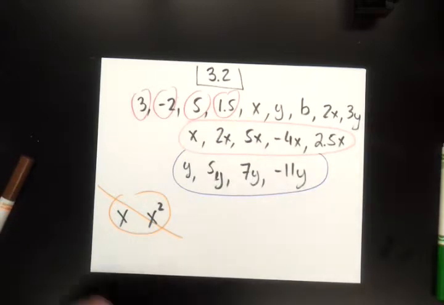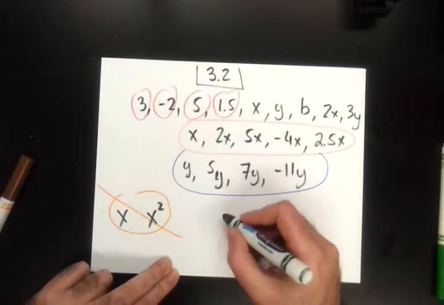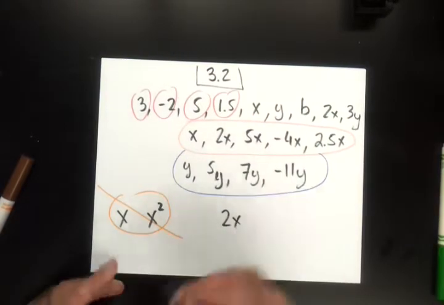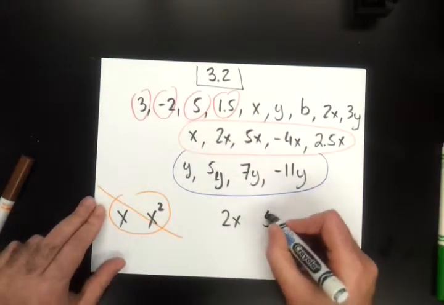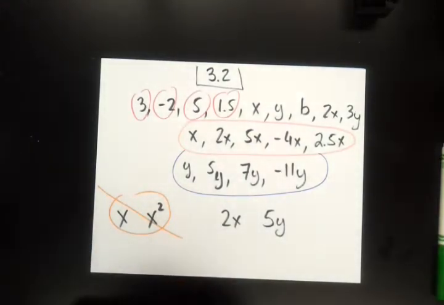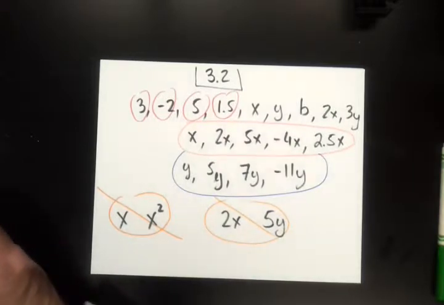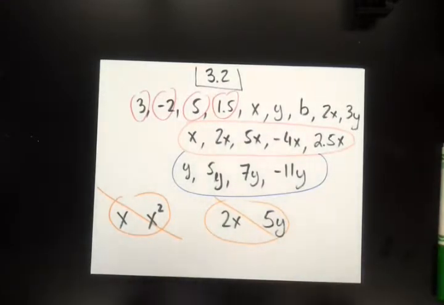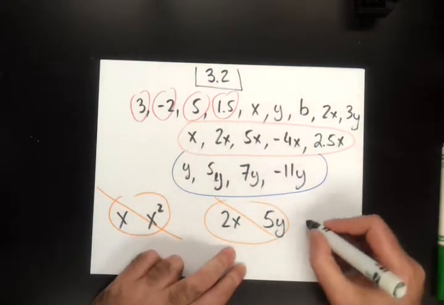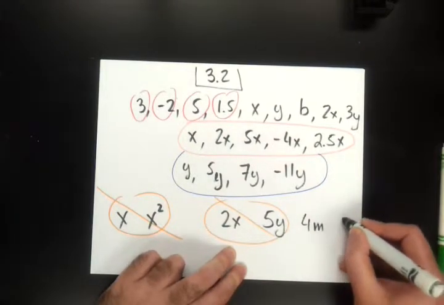Now, this being said, you cannot combine different letter variables. You cannot combine 2x and 5y. Different letters, automatically no. You also cannot combine a term that has a variable with a term that does not have a variable. I cannot combine, let's say, 4m and 5.